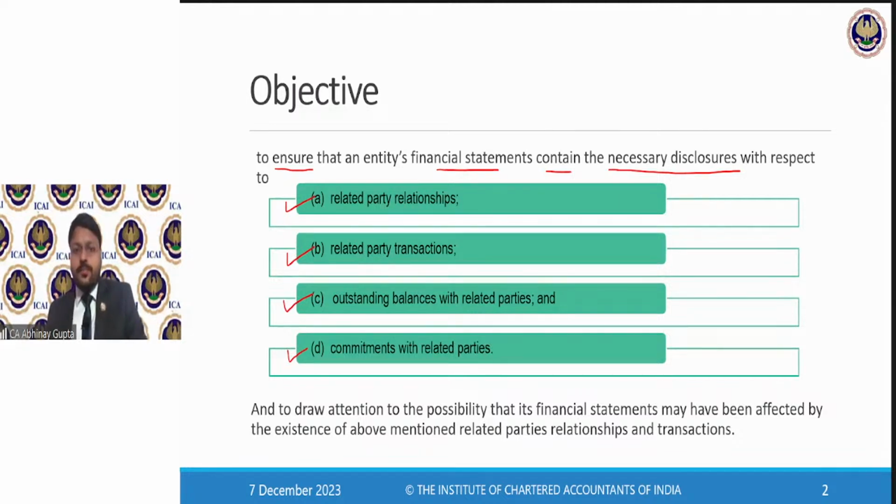Now, why are we doing so? Sometimes whenever there are related parties, the transactions between the two related entities may not be at arm's length, right?